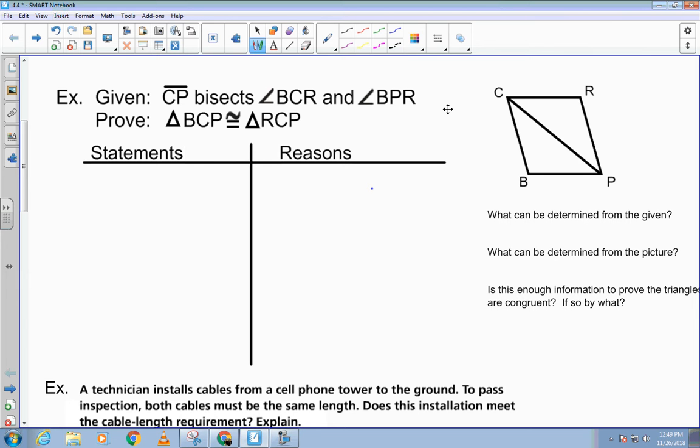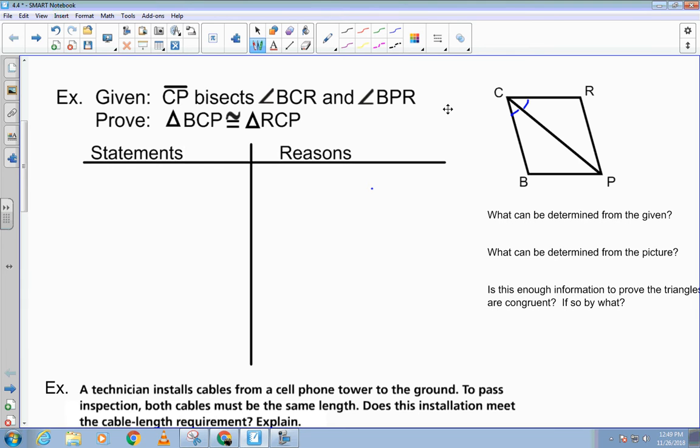So basically, these two triangles are separated by a diagonal. Now, we're told that CP bisects BCR and BPR. This right here is BCR. What does that tell me? As CP bisects, both angles created by the bisector are congruent, right?